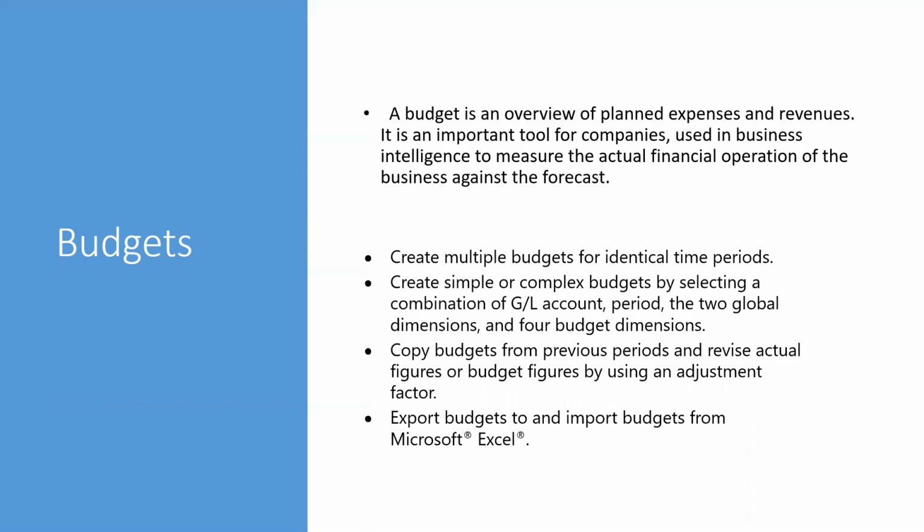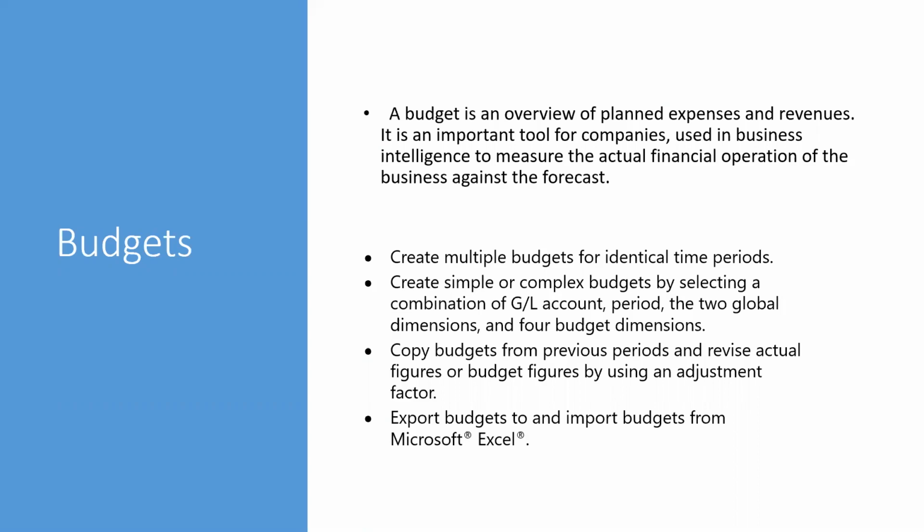Now, first of all, we can create multiple budgets for identical time periods. So we prepare our budget, and we don't have to only work with one. We don't necessarily have to prepare the budget for the entire chart of accounts. So we can prepare many for different purposes, for different operations, and from different perspectives, even if they are overlapping on the same time periods. That's the beauty of NAV.